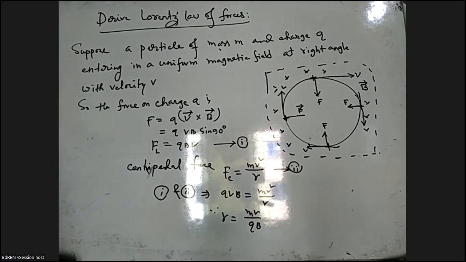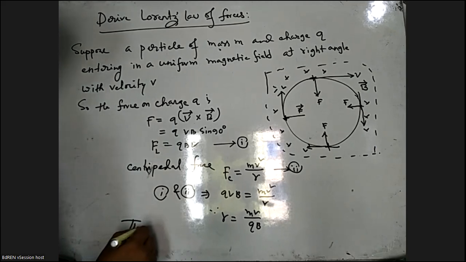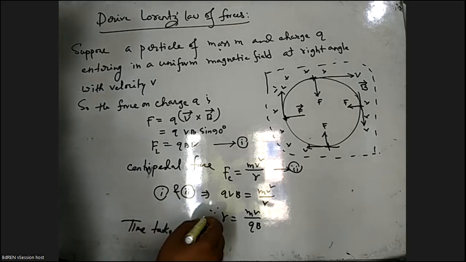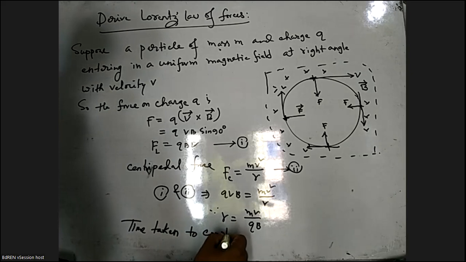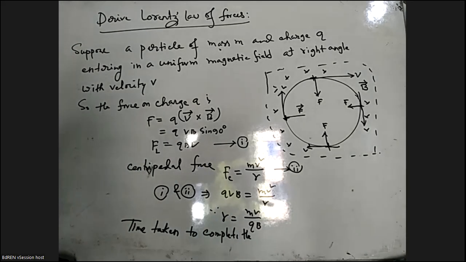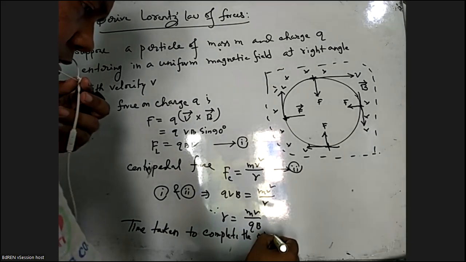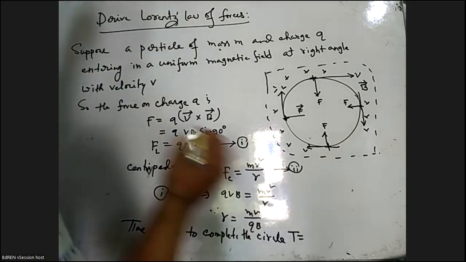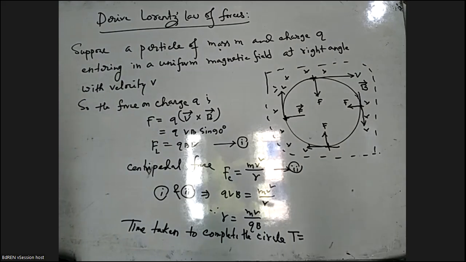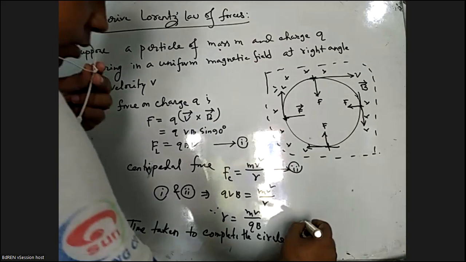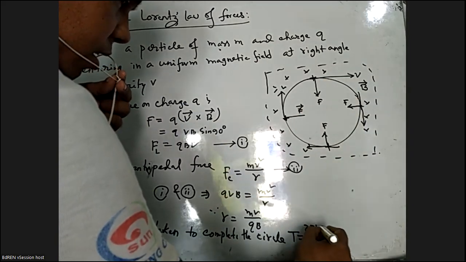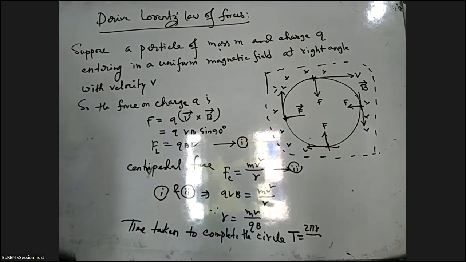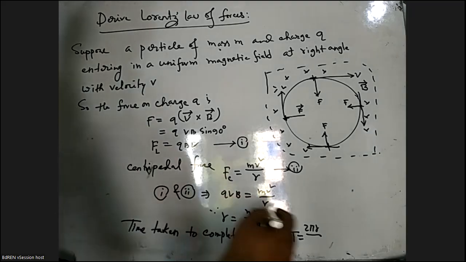This means the radius of the circular path will be mv divided by qB. Now the time taken by the particle to complete the circle, capital T, equals the circumference, the total travelling distance 2 pi r, divided by v.